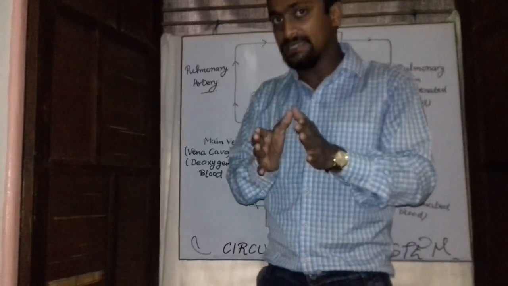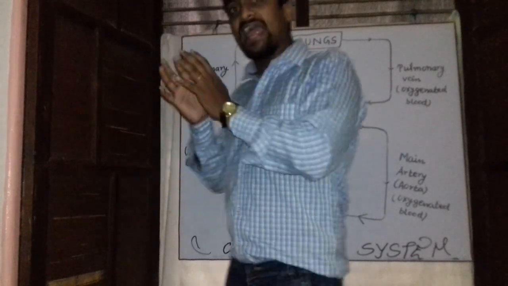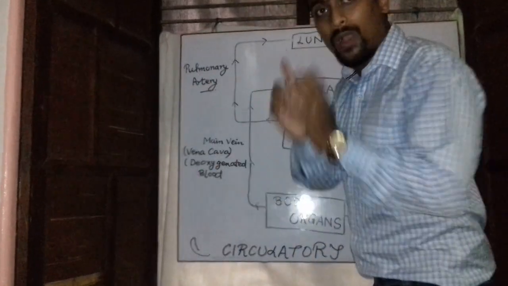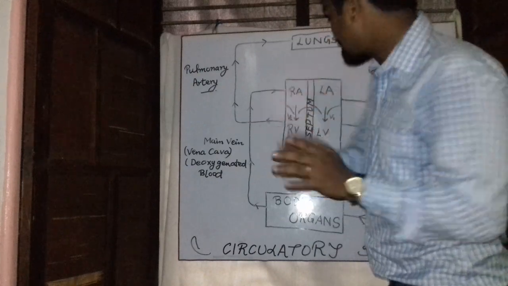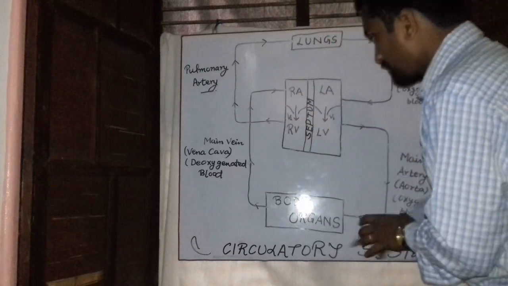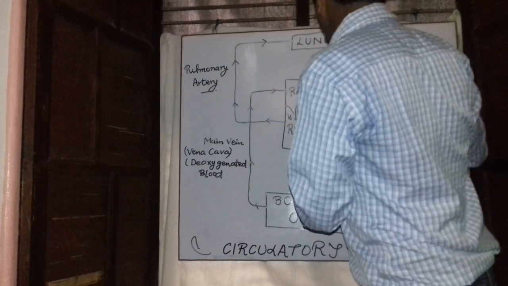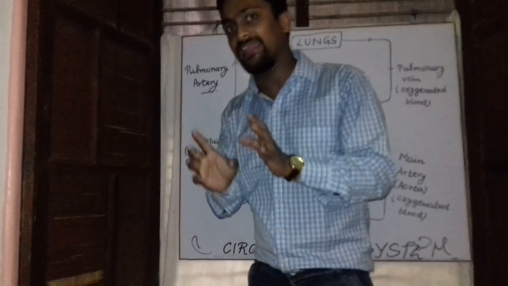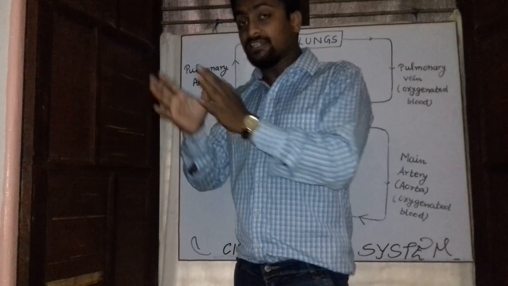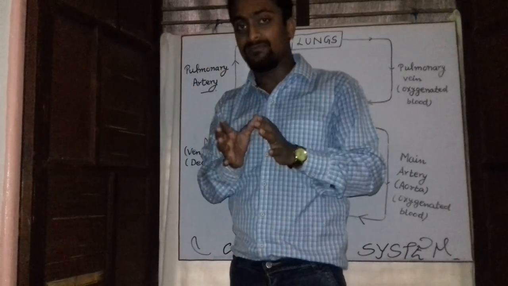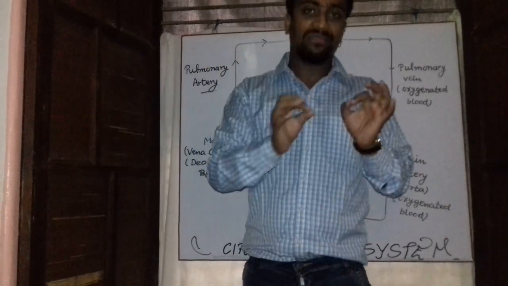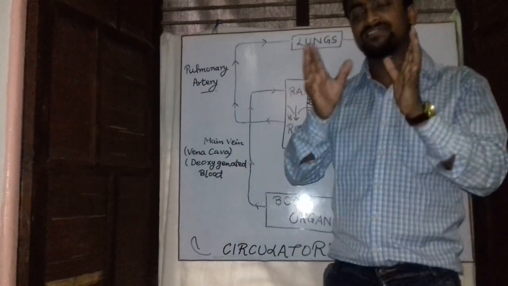Because the blood enters the heart twice in one complete cycle. First it enters here, and then after going to the lungs, it enters the heart again in one complete cycle. Since the blood enters the heart two times in one complete cycle, it is called double circulation.